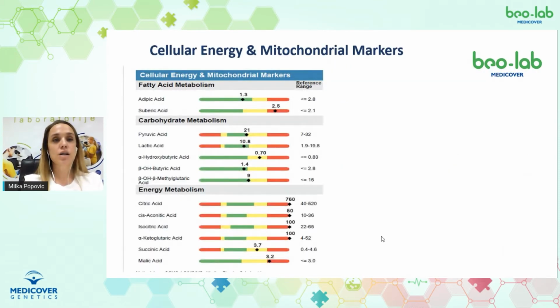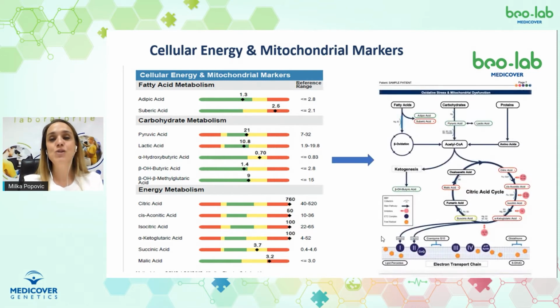This is something that's providing the information, but then we need to look at the reasons behind it. Cellular energy and mitochondrial markers and cellular energy metabolism are listed here, but this is in the test itself. There is a page that is very picturesque and shows us, who've studied medicine, these areas in particular.